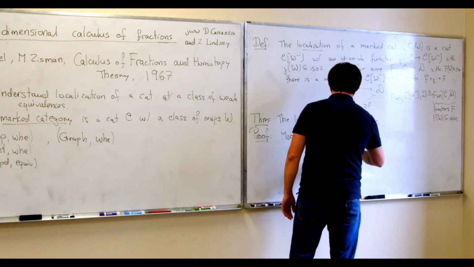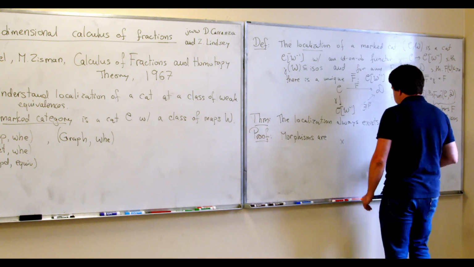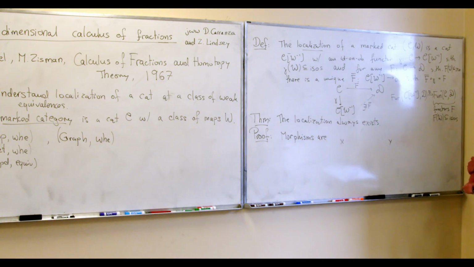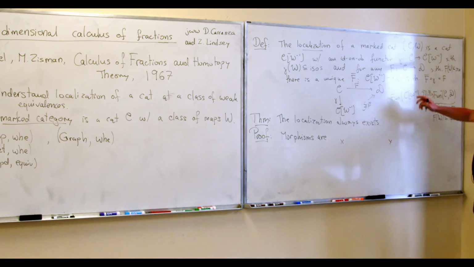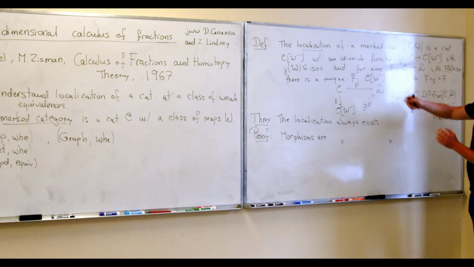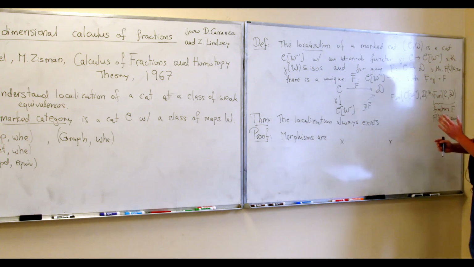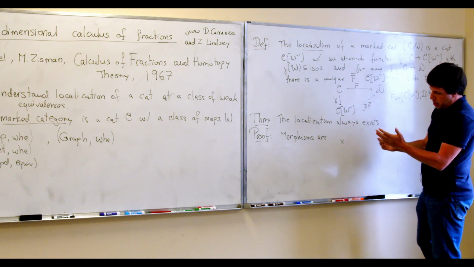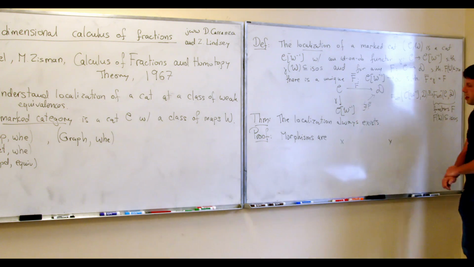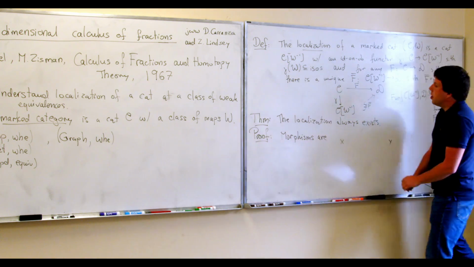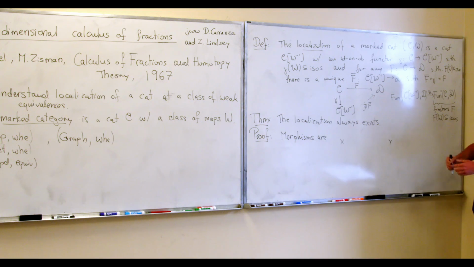I need to tell you what a morphism from X to Y potentially is. But now I need to somehow invert all weak equivalences. So I'm going to take maps from C, and I'm going to take inverses from W. So what does that give me? Well, it doesn't give me a category if I just take the union, simply because I need to figure out how to compose such things.